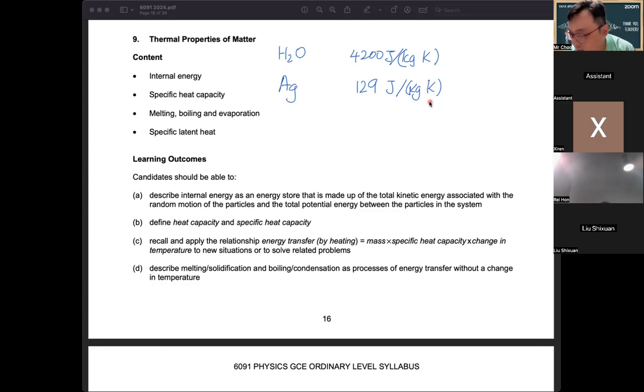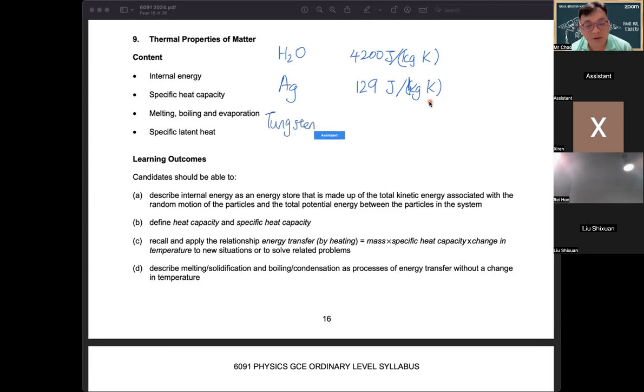Another example will be, let's say we talk about tungsten.